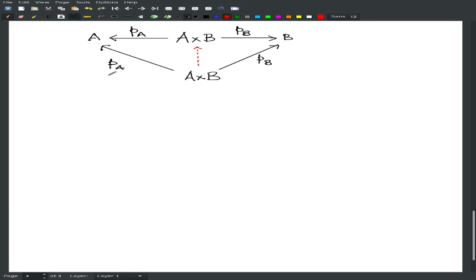You don't need to think, because what's the clue? I need a function which satisfies this diagram. So let me, as a trial, put identity over here.